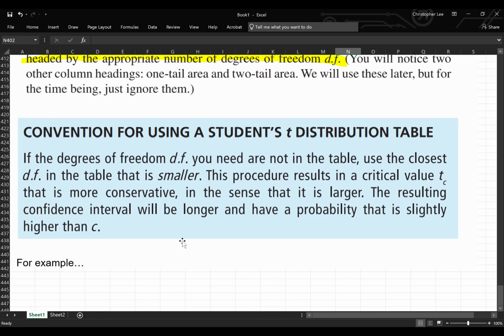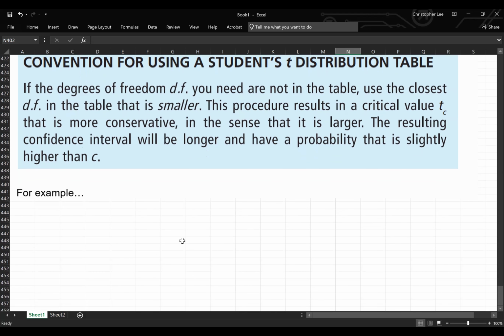All right. This procedure results in a critical value, t critical, that is more conservative in the sense that it is larger. The resulting confidence interval will be larger and have a probability that is slightly higher than your confidence level. All right. Let's take a look at an example.